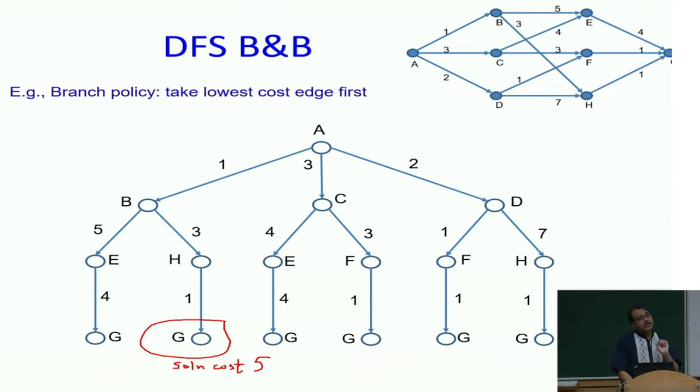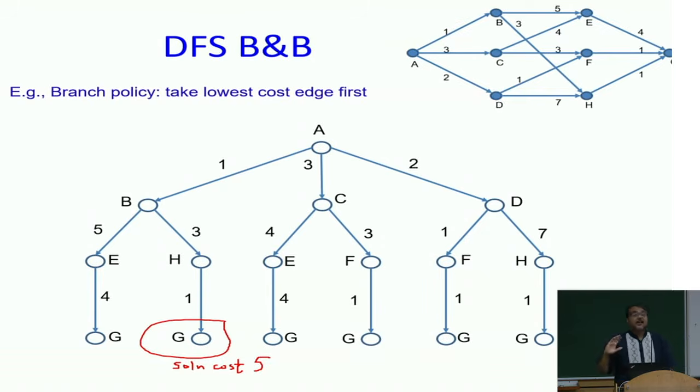Now, what I am going to do is that as I go to my nodes, I am going to also maintain a lower bound. Okay. So, once I backtrack to B, what can I say? Well, I can't say much right now. My cost to B so far is 1, right, and my best cost later is 3.